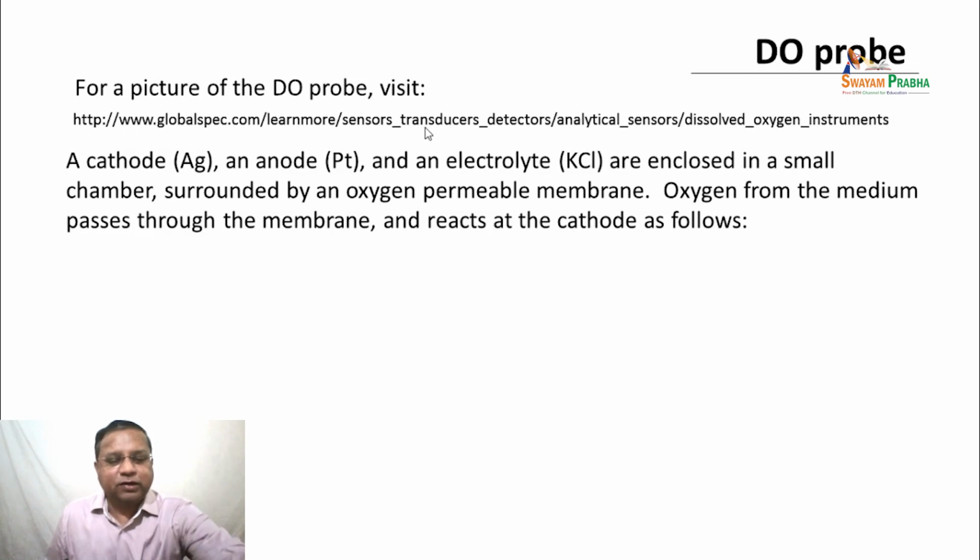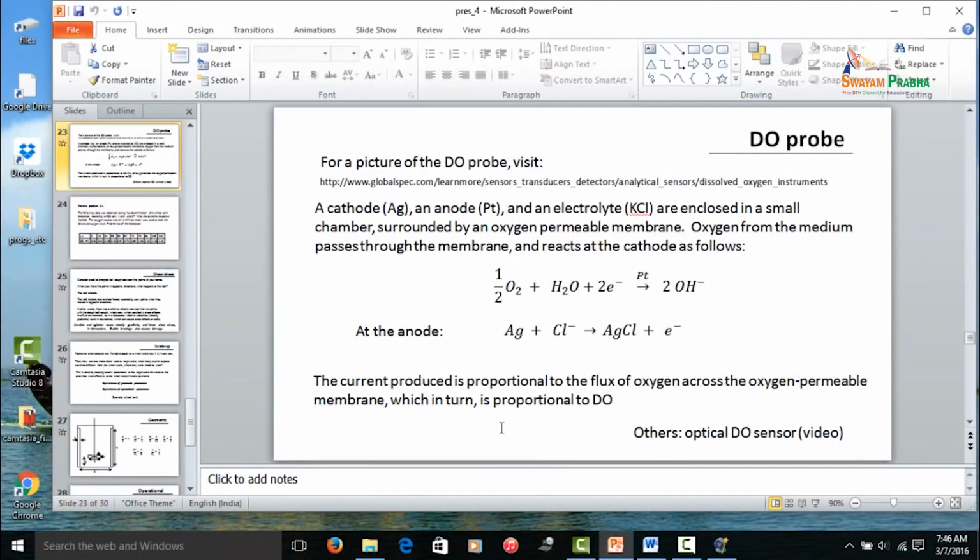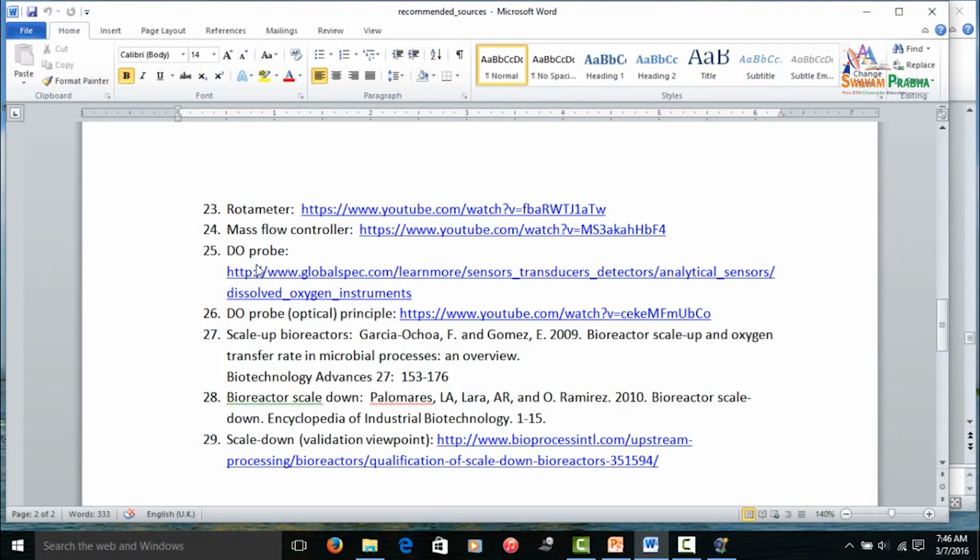Or let me show you that site before we go forward. This is the DO probe. This is a picture of the probe that you could see there. And this also for DO, which uses an optical principle. Probably we'll look at that later. So 25 and 26 are what we are looking at.